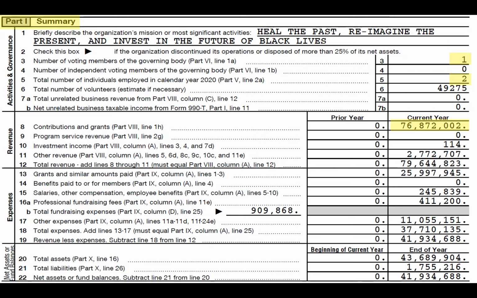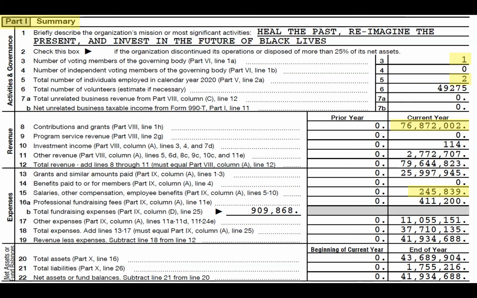Well, according to what the team reported in the 2020 impact report, $90 million was generated in 2020. So that number in line 8 of $76,872,002 is not accurate.